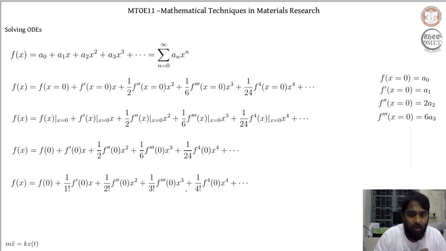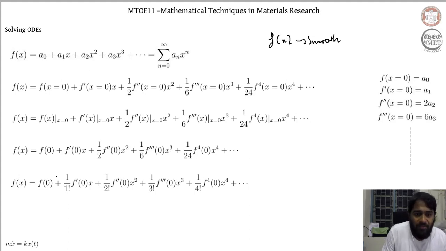Now, the reason we made the assumption that our function, the solution f of x, is smooth is that when we take the first derivative, second derivative, and so on and so forth, our function should be differentiable.